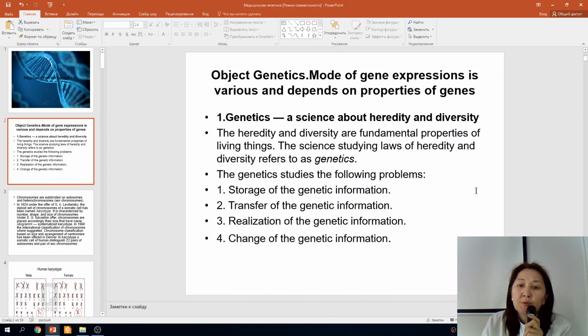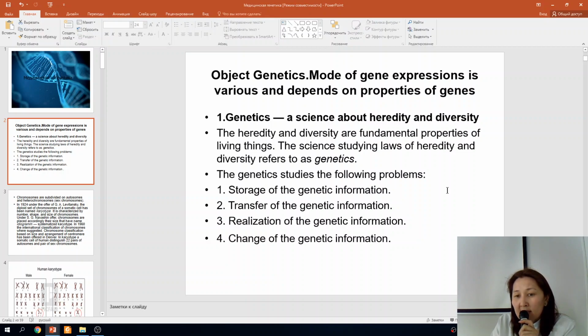Good afternoon, guys. Today our topics: object of genetics, mode of gene expression, and how it varies and depends on properties of genes. What is genetics? Genetics is the science about heredity and diversity. Heredity and diversity are fundamental properties of living things.